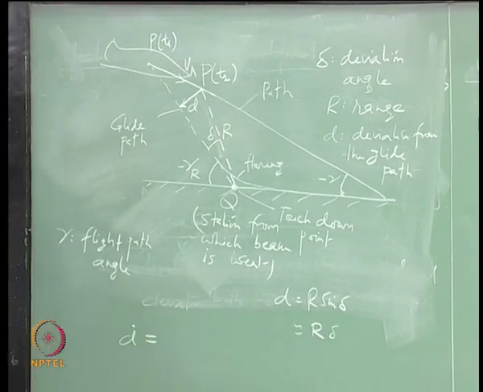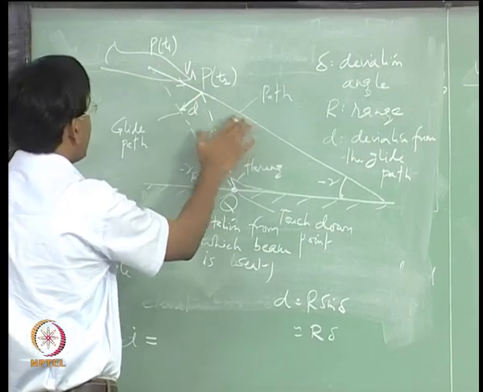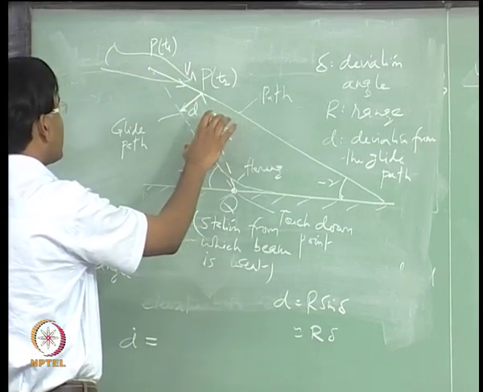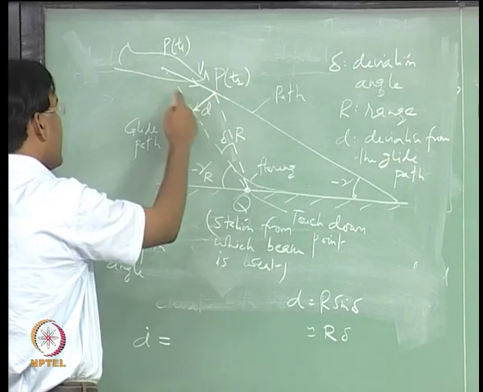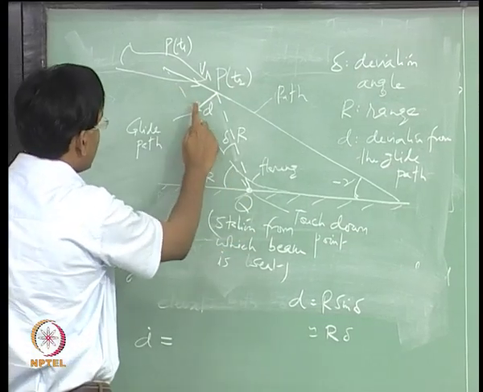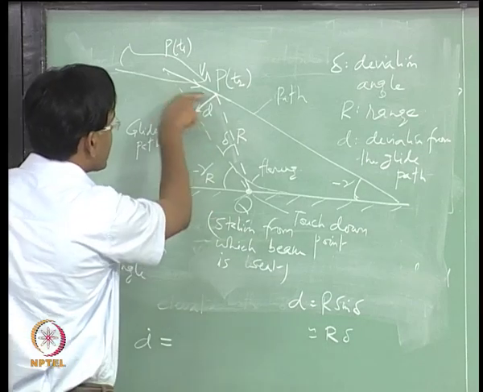In order to correct the glide path, there is the actual approach path, the reference glide path, and the actual glide path.